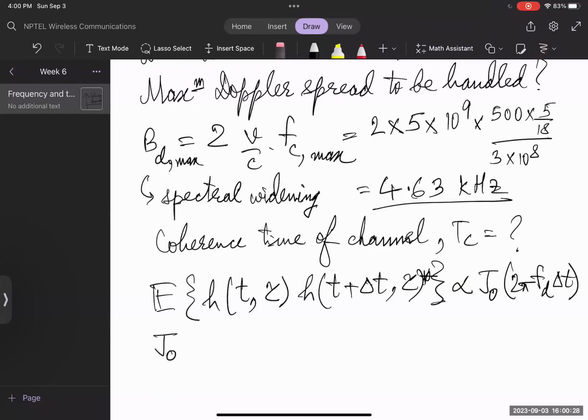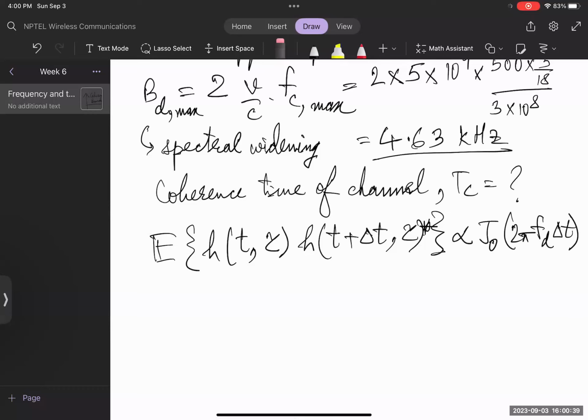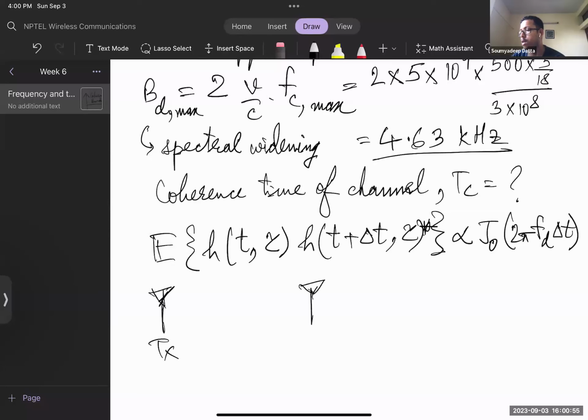Sir, one thing, here we are not considering the tau. Actually, we are considering the tau is the same. Delay is same. Yes, we are considering only the instant of time. By delay profile, what I mean is you have this transmitter TX and receiver RX. There can be multiple paths from TX to RX.